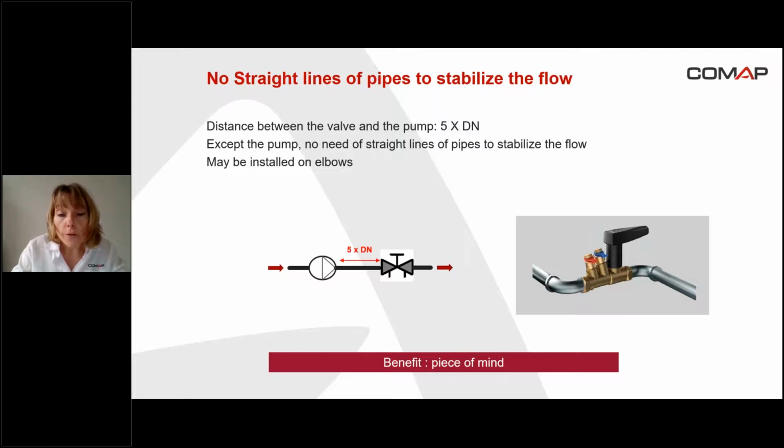So the valve may be installed close to the elbows, everywhere we want. There is no need to think about where we are going to install the valve in order to stabilize the flow. So it's a peace of mind solution because we can install it everywhere in the network.